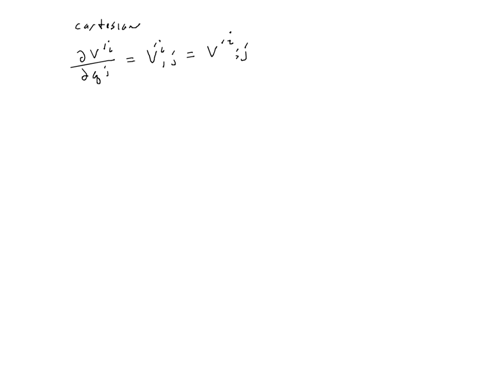I don't even need those primes. So the difference here is that covariant derivatives depend on the curvature of the surface, while partial derivatives do not.